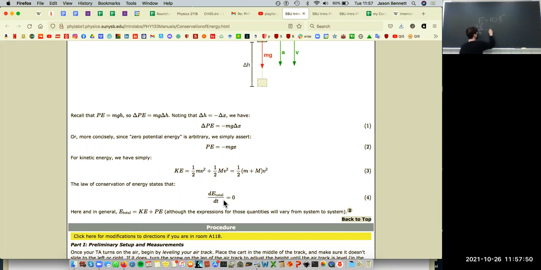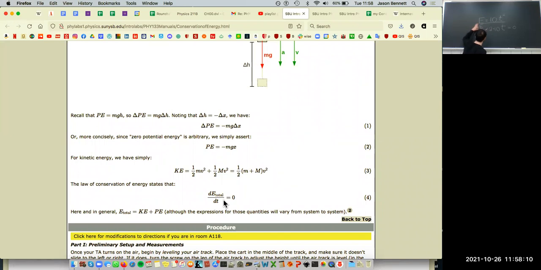So I have 2 times 10 and t. This is not equal to 0. So this equation right here means that dE/dt is not equal to 0.